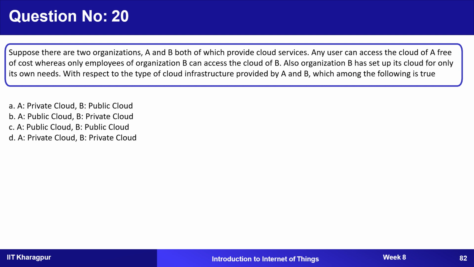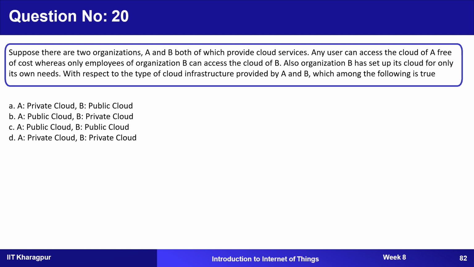Next question is, suppose there are two organizations A and B, both of which provide cloud services. Any user can access the cloud of A free of cost, whereas only employees of organization B can access the cloud of B. Also, organization B has set up its cloud for only its own need.